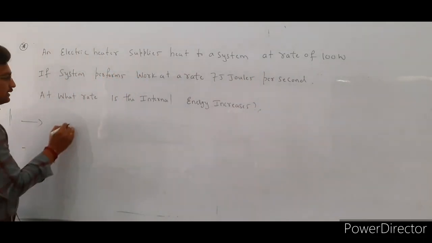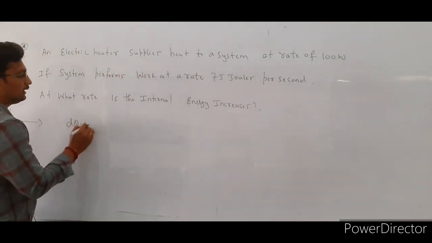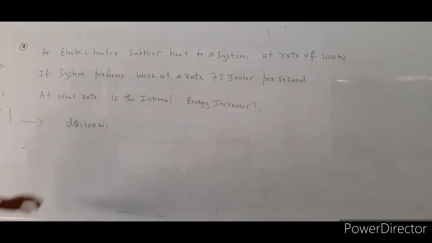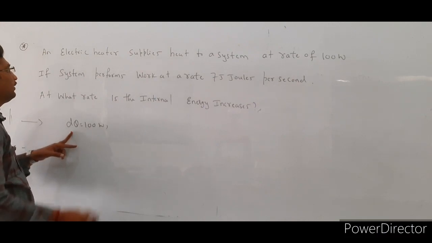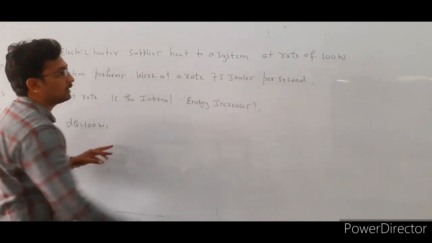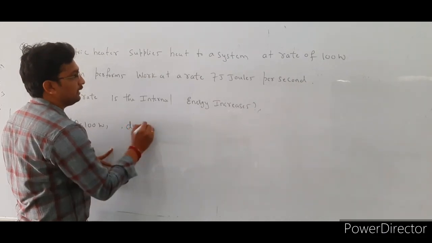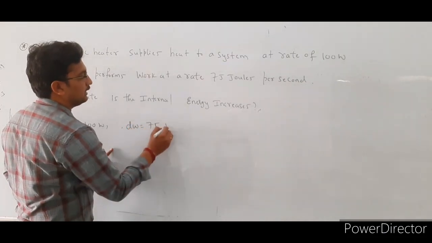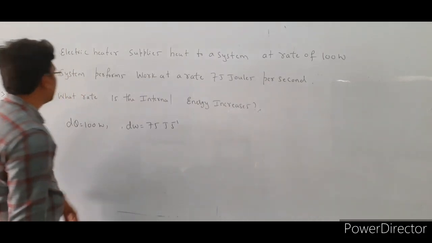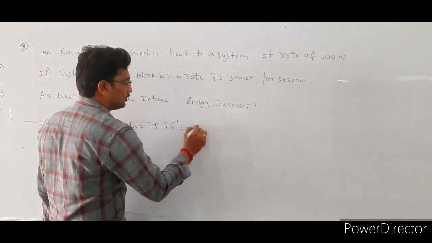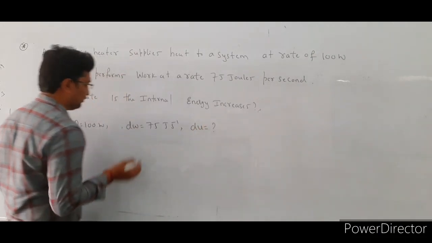Here dQ is given, dQ is equal to 100 watt, the rate of heat energy supplied by the heater. The work rate is 75 joules per second. So at what rate is the internal energy increasing? So dU is equal to question mark.